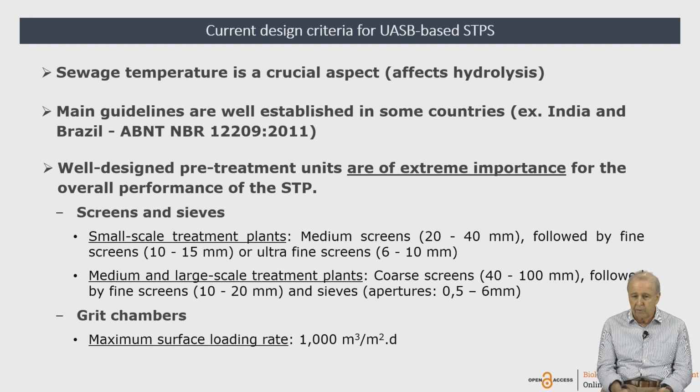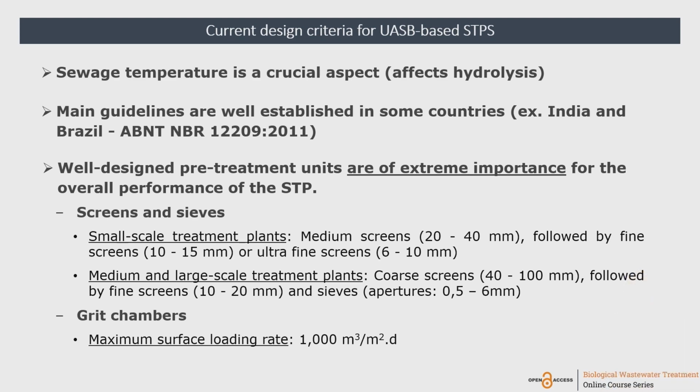So the temperature of the wastewater should be above 15, 18 degrees for UASB reactors to become feasible for wastewater treatment. This is because anaerobic treatment for sewage is more applied in warm climates, in tropical countries like Brazil, India, some African countries, the Middle East, for instance.